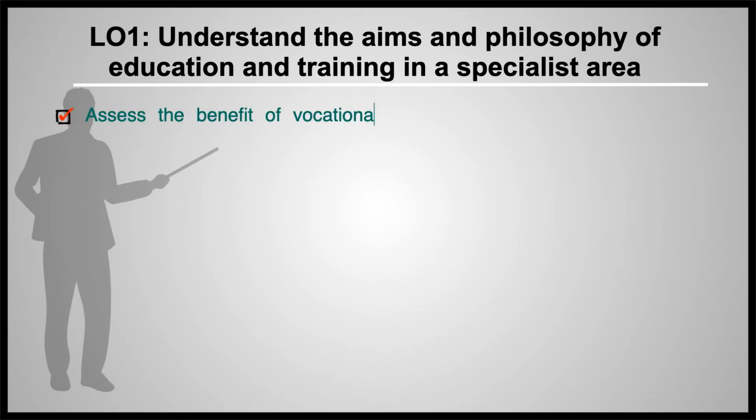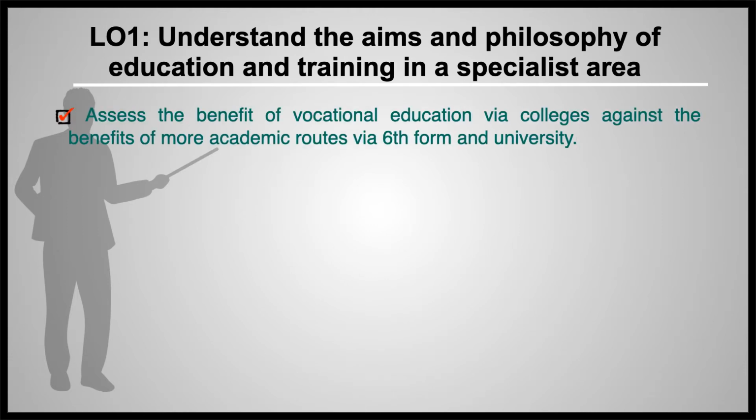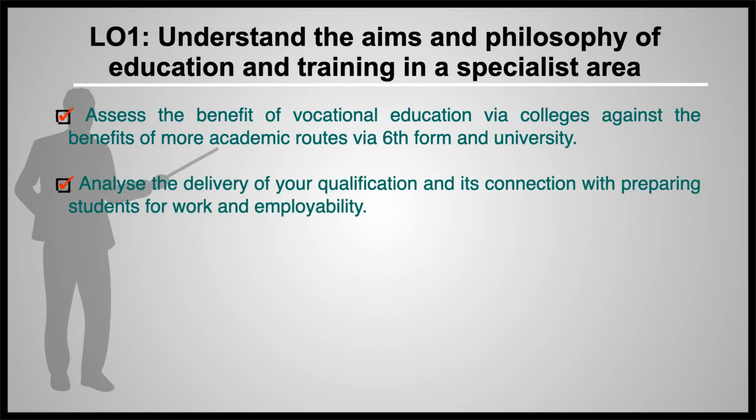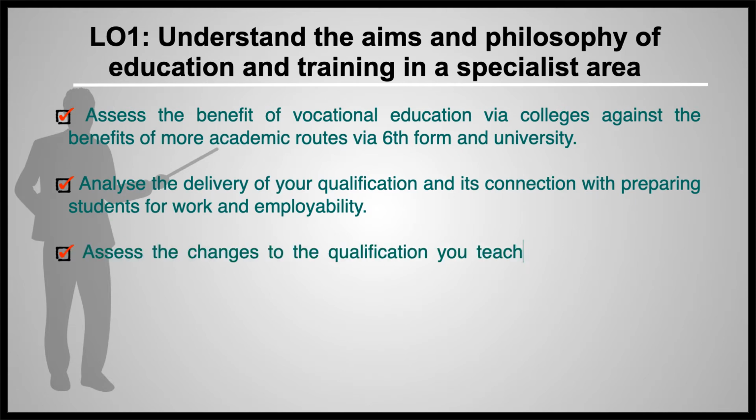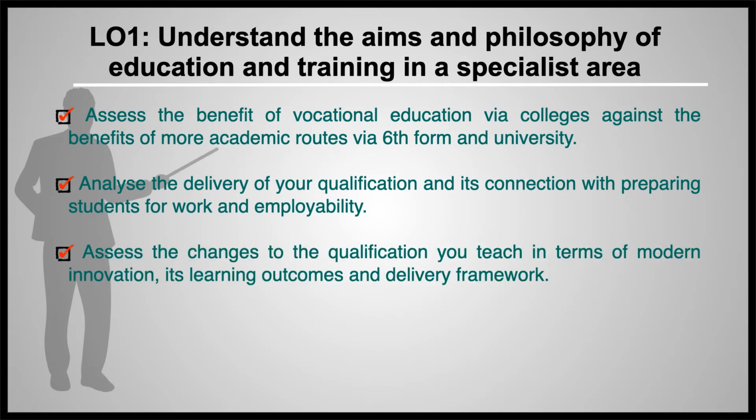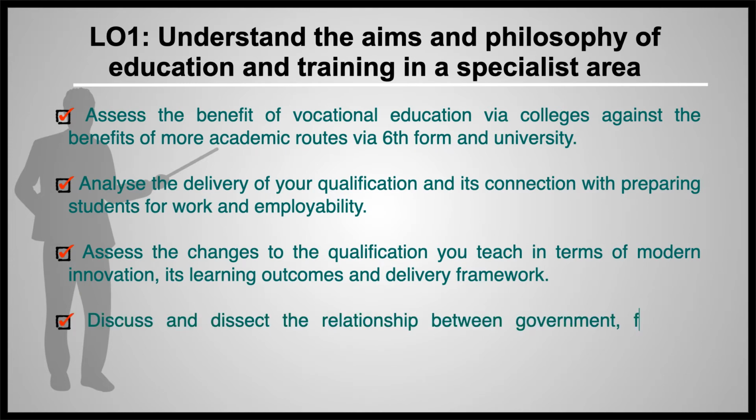When attempting to meet learning outcome 1 in order to build your portfolio, there are a number of arguments you could present. The first one could be to assess the benefit of vocational education over more academic routes and how this connects to your specialist area. Another way you could do this is by looking at the delivery of your qualification and its connection to employability.